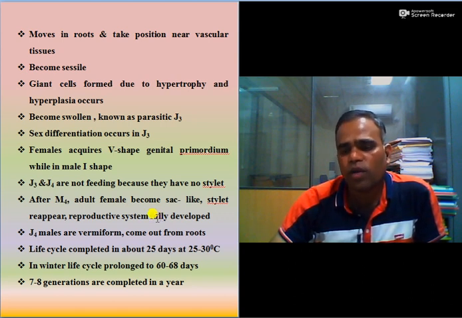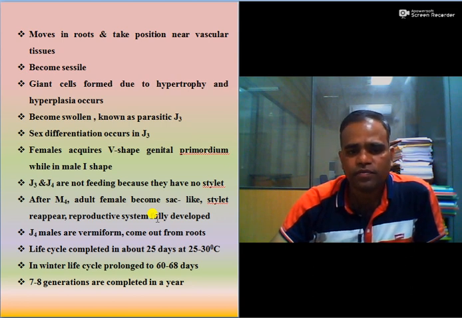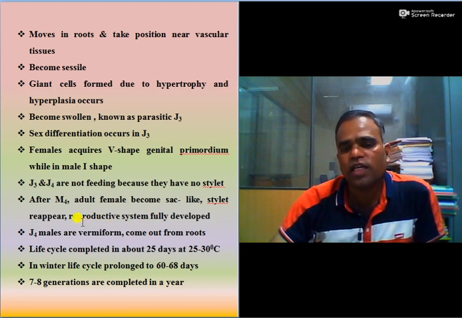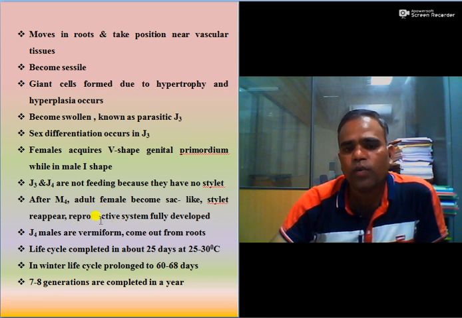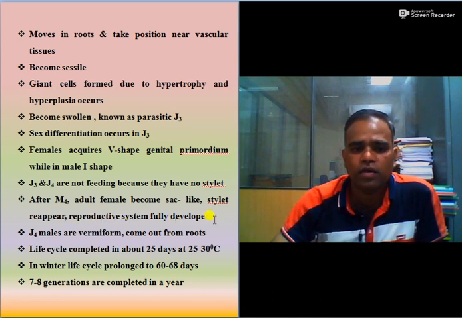So there are a number of shapes, we will see later while studying the reproductive system. After molting 4, the adult female becomes sac like, the stylet reappears, and the reproductive system is fully developed.